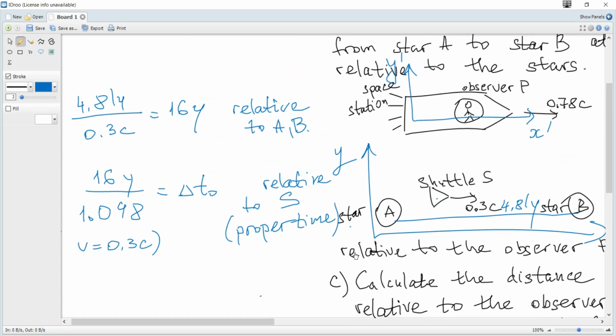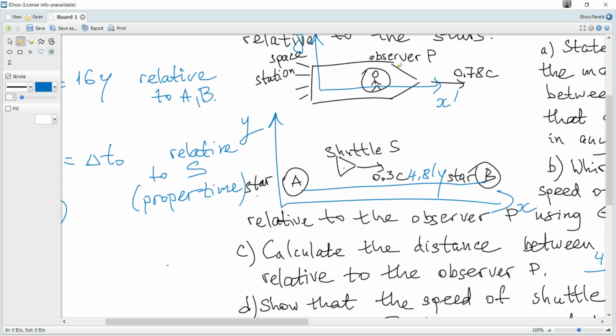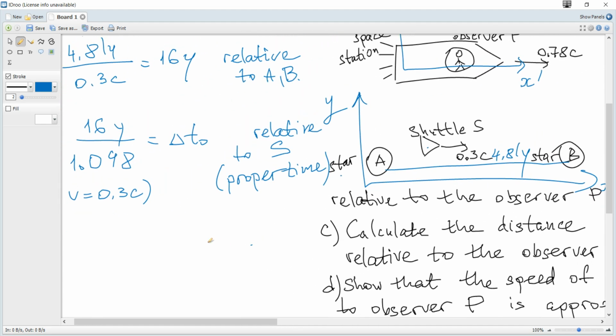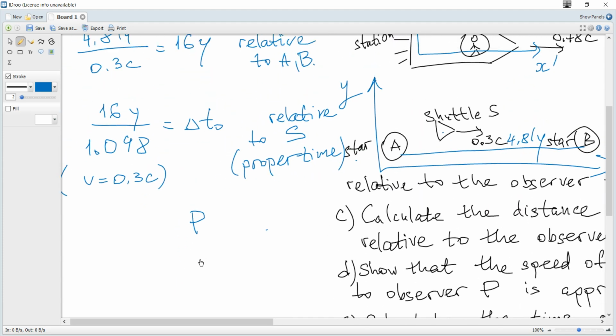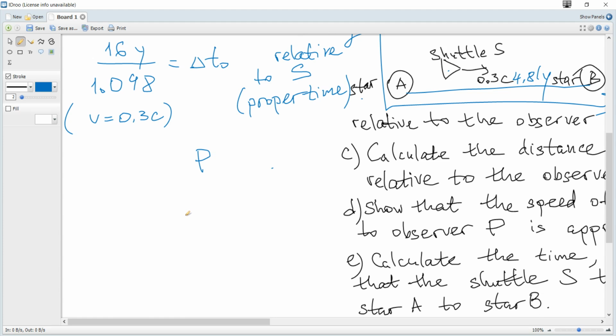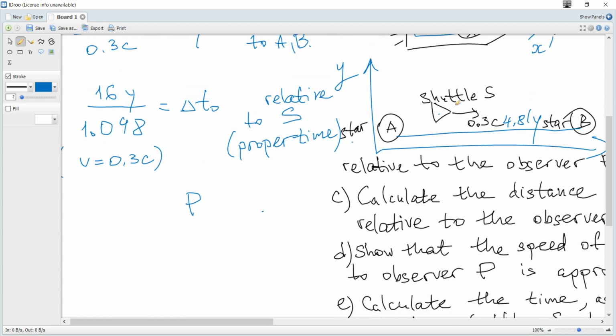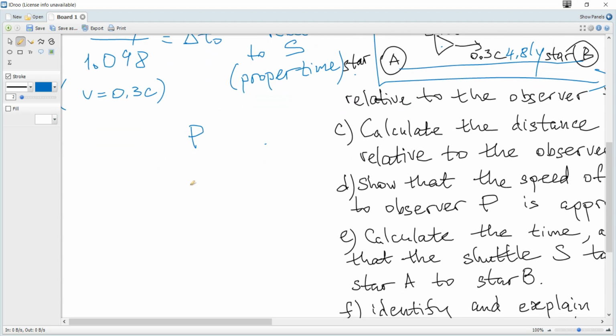And now let's consider the observer P, and relative to P, stars, or actually not stars, the shuttle is measured to be moving to the left with speed 0.63 c. And P will measure what?